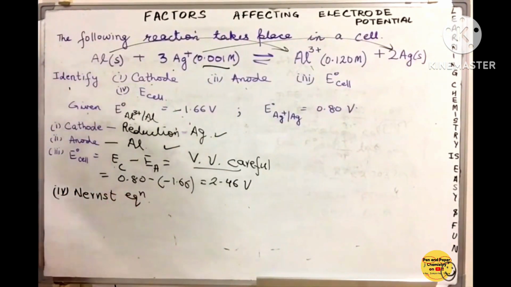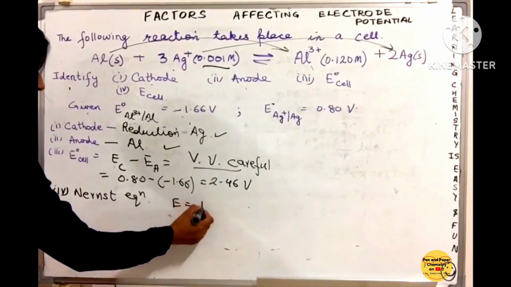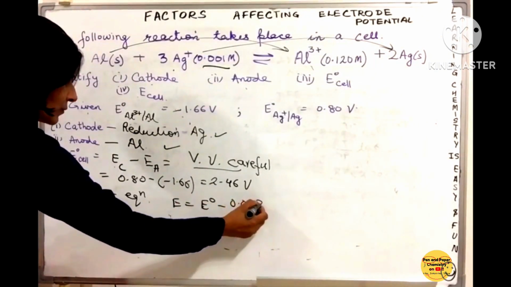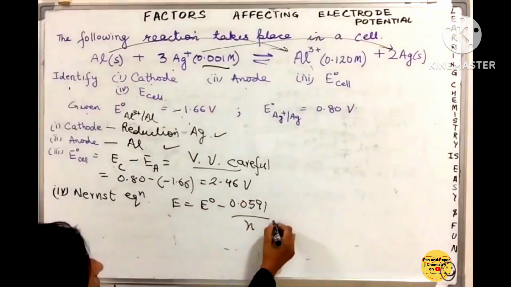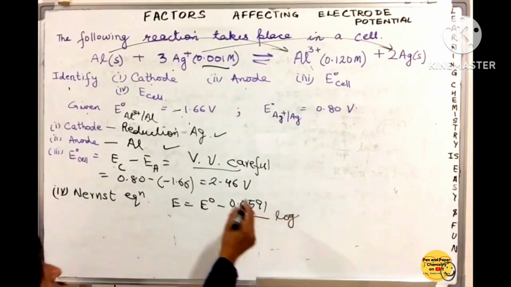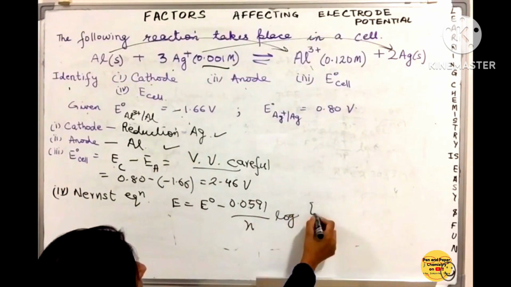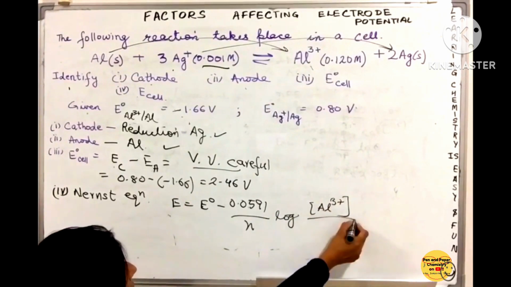We have done the Nernst equation, so we will have E is equal to E naught minus 0.0591 upon n log of the concentration of products. Now in the products I have Al3+, there is no coefficient to it.